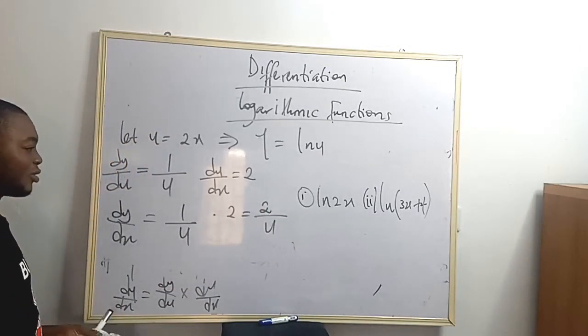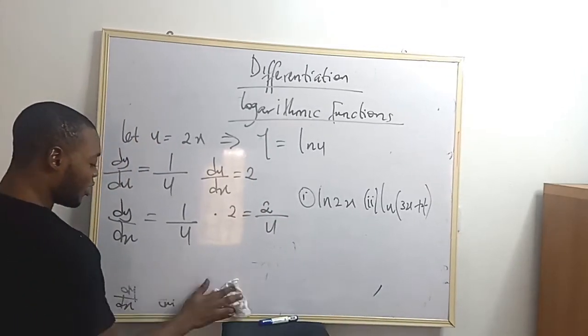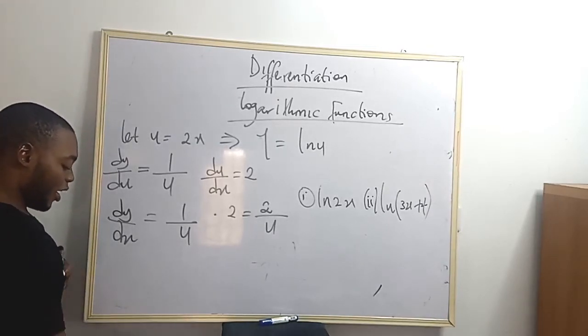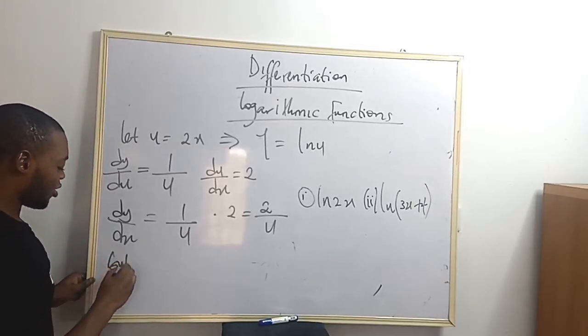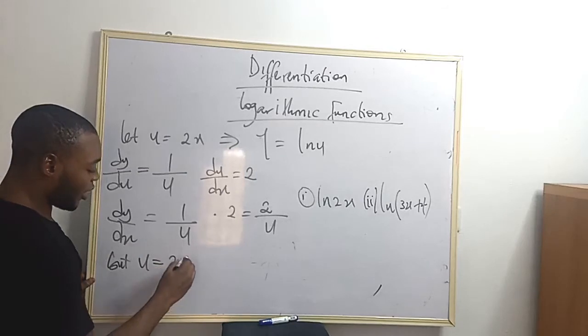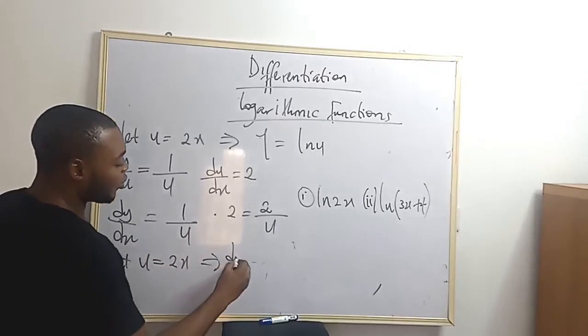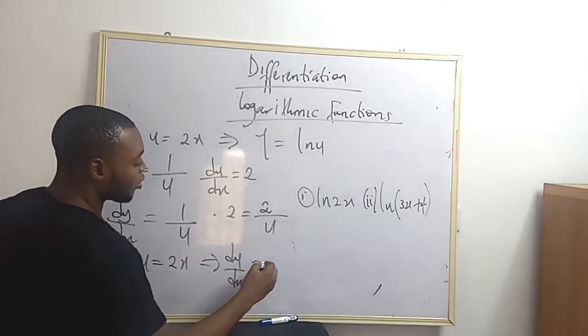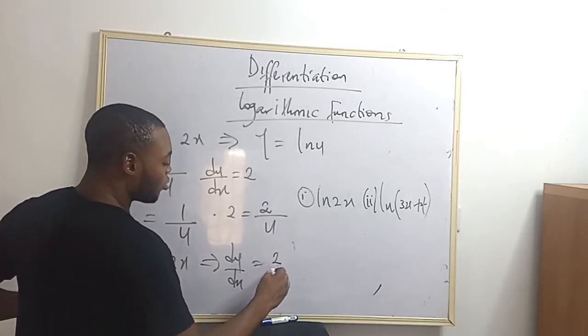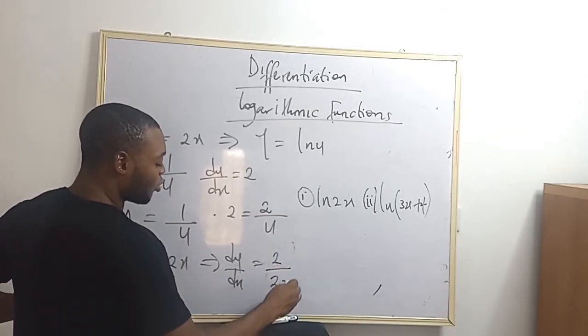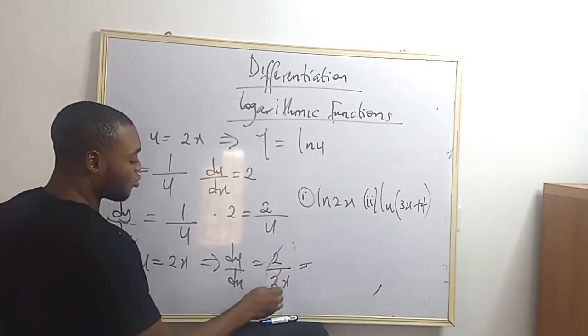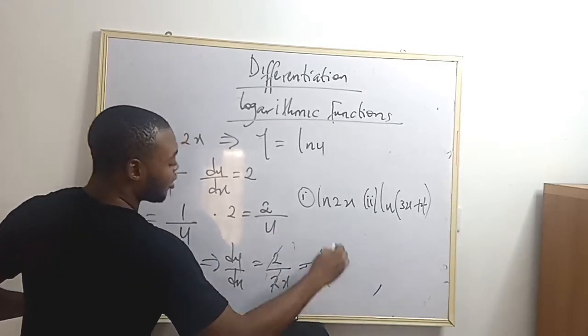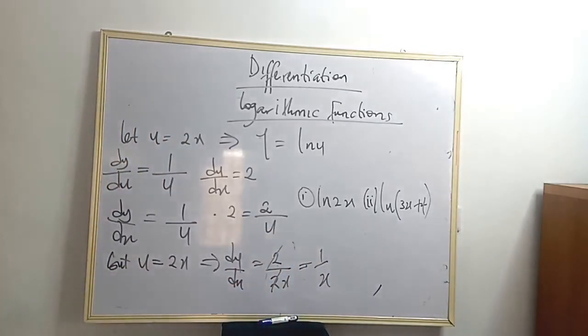But remember, don't forget that your u is equal to 2x. So that implies dy/dx will be equal to 2 all over 2x. From what we have here, 2 cancels 2, that is equal to 1 over x.